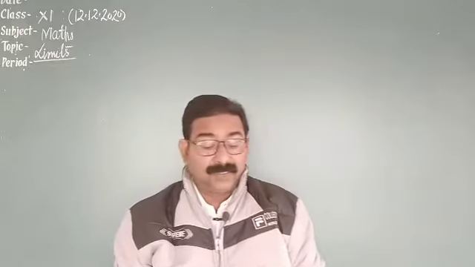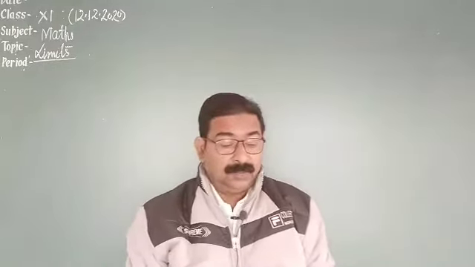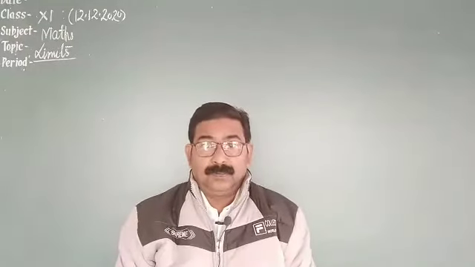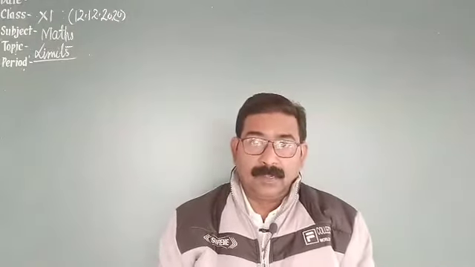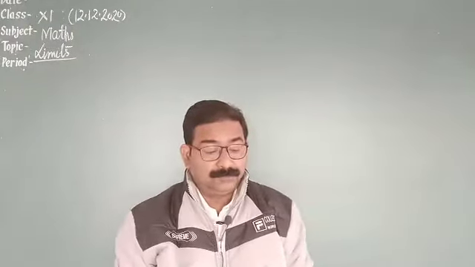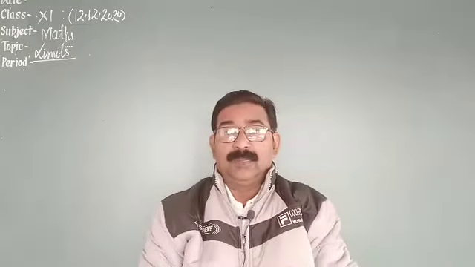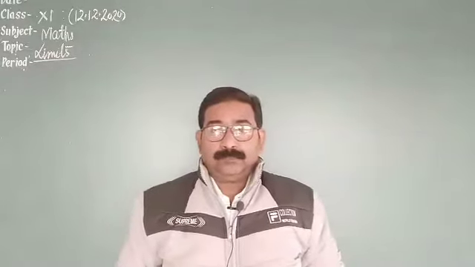Now in the previous lecture we had started the topic limits and derivatives. I told you what a limit is, how it is applicable, and in what condition the limit does not exist.